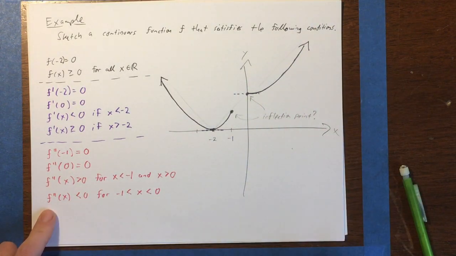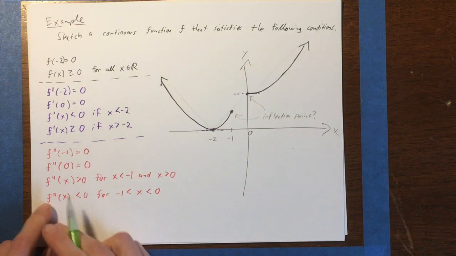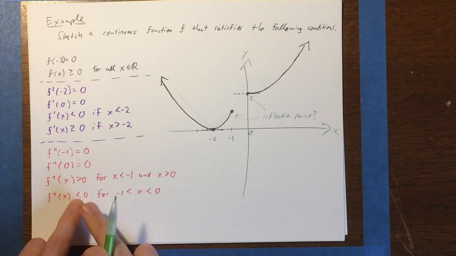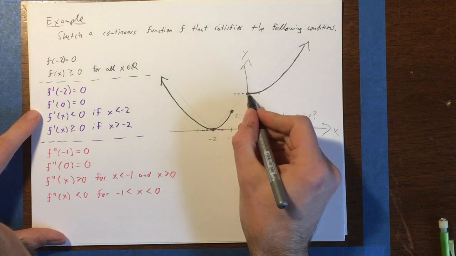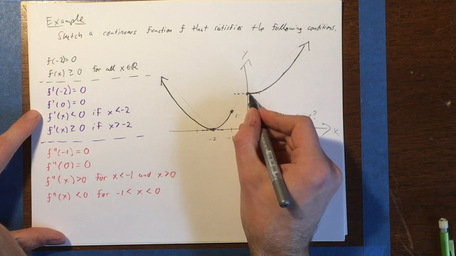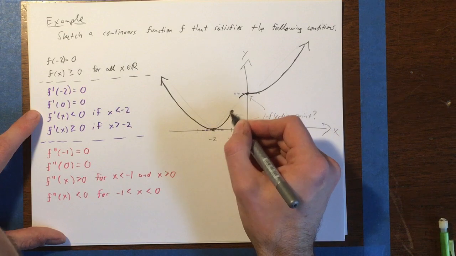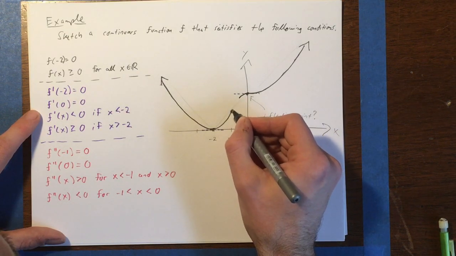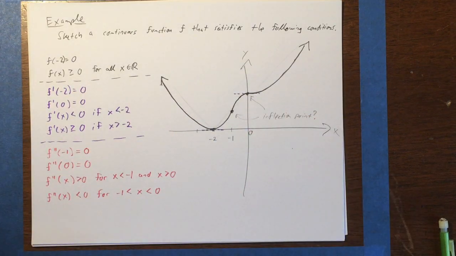And now the very last piece of information tells me about what's happening between -1 and 0, which is that it's going to be a negative second derivative, concave down, and so I can fill that in now. I've got to approach my 0 tangent slope here at 0, and then I've got to match this positive slope here at -1, like that.